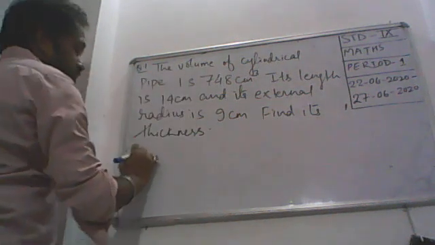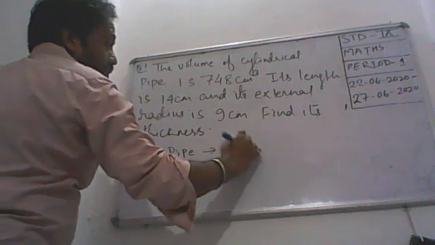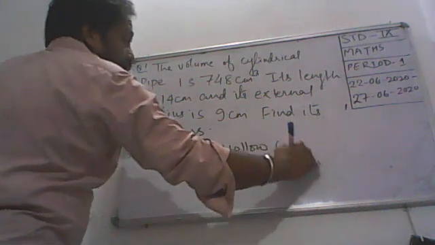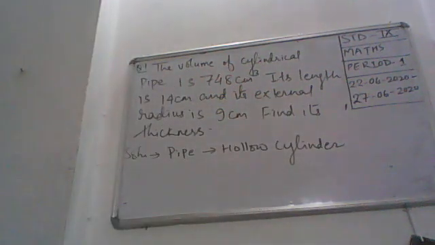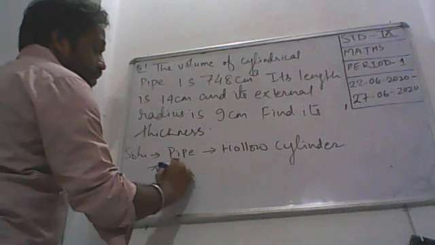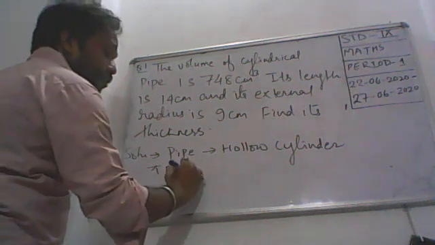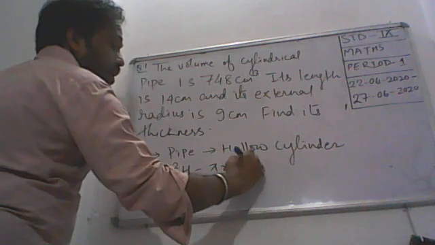So solution is that they are saying pipe means hollow cylinder, so you understand this is the case of a hollow cylinder. Then what is the volume of a hollow cylinder? That is pi R square h minus pi r square h.